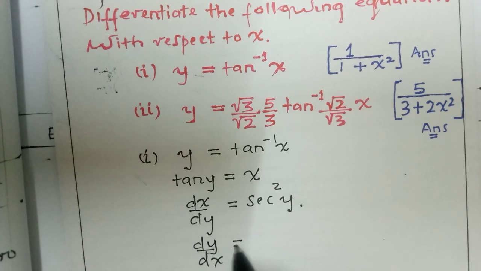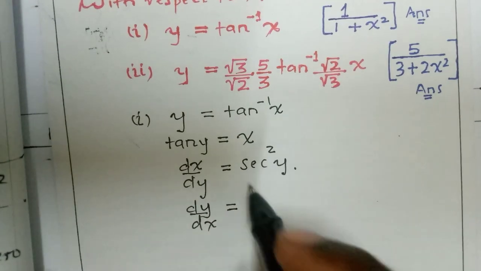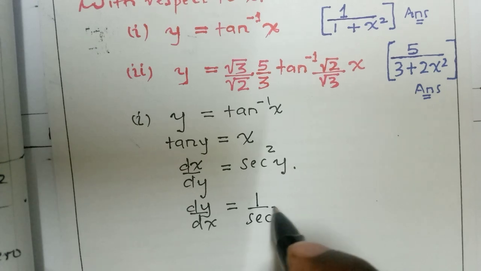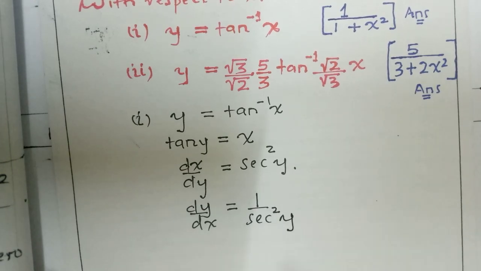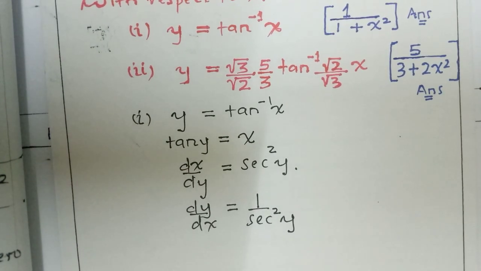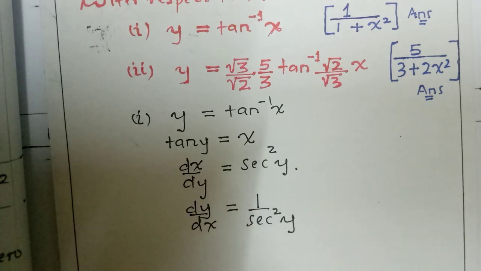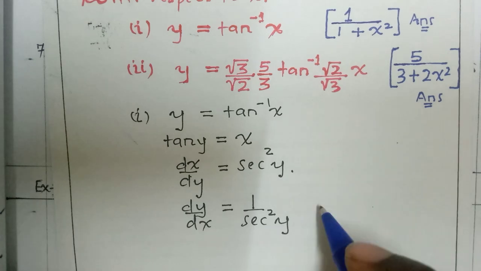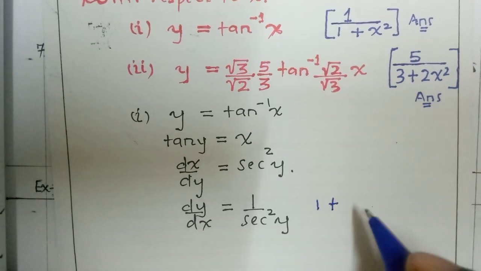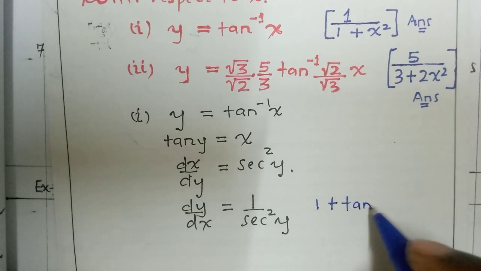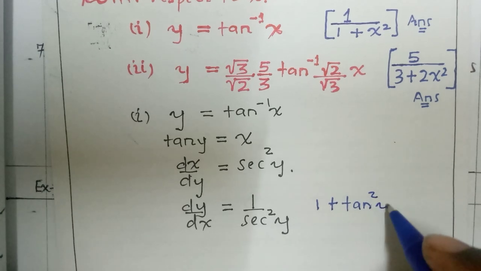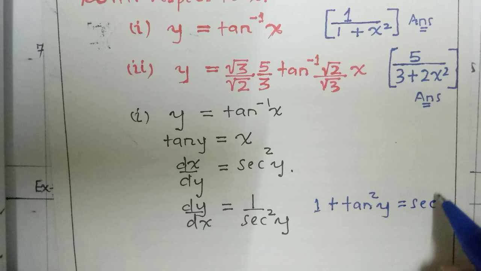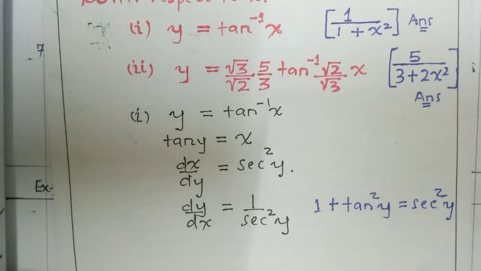This one is going to be now 1 over sec squared y. But guys, we know from the trigonometric identities that 1 plus tan squared y is equal to sec squared y.